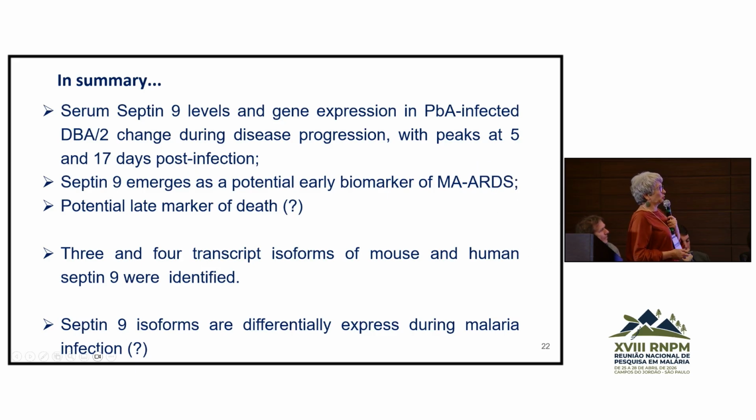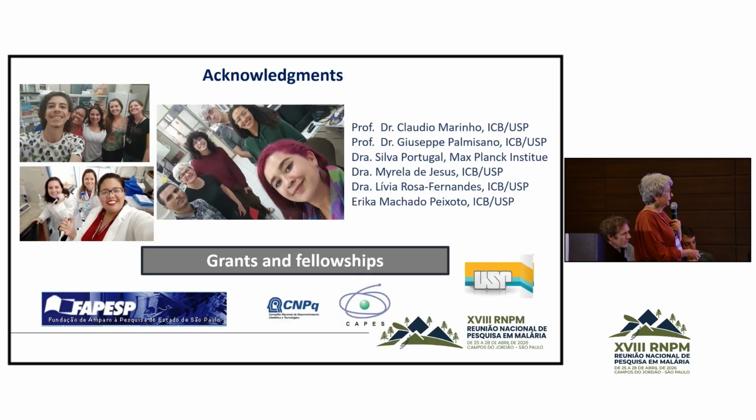The septin can be an early biomarker of ARDS and maybe a potential late marker of death, since it increases again at the end of the infection. And up to this point, we have isolated 3 and 4 isoforms of mice and human. And we are searching, this is for the next chapters, for the differentiation of these isoforms throughout the infection.